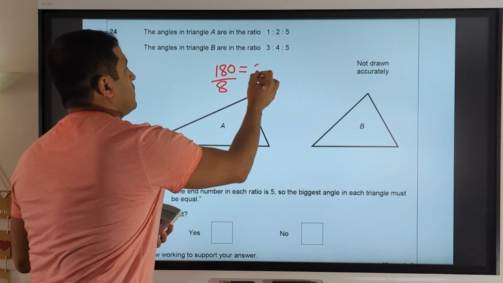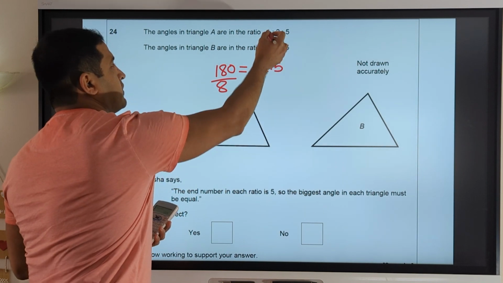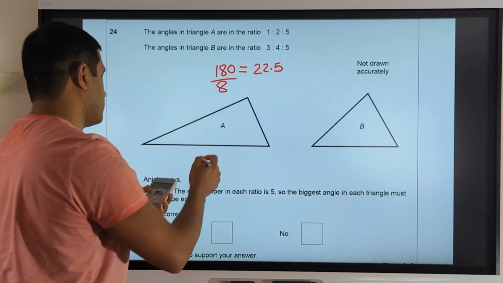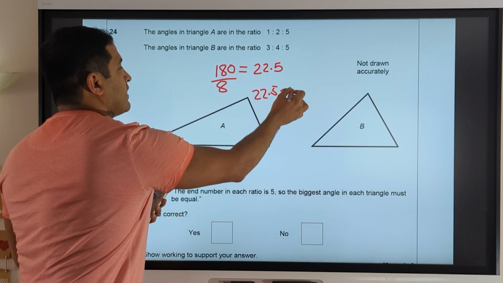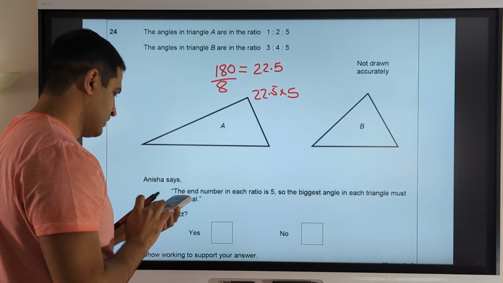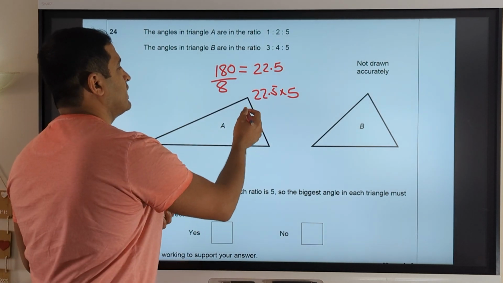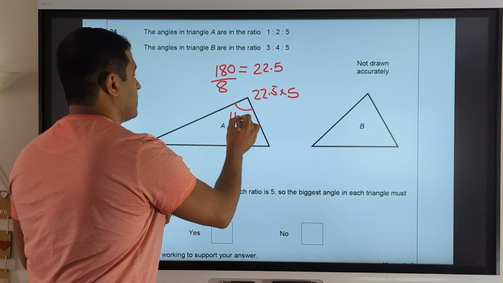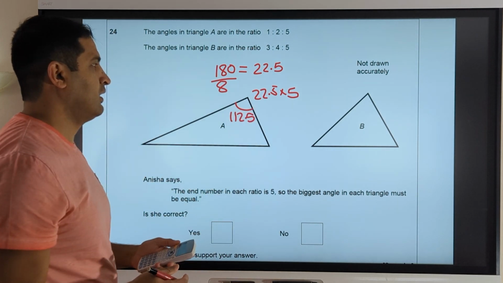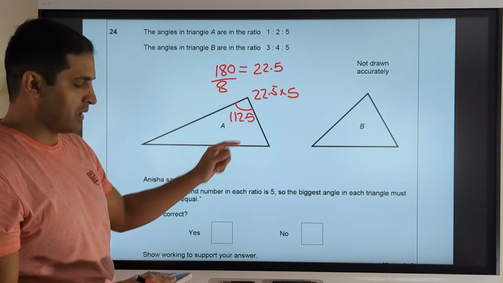So that's 22.5. So one part is 22.5. So the biggest angle on the triangle, we do 22.5 times 5. So the biggest angle on this triangle here would be 112.5. That 5 represents 112.5.